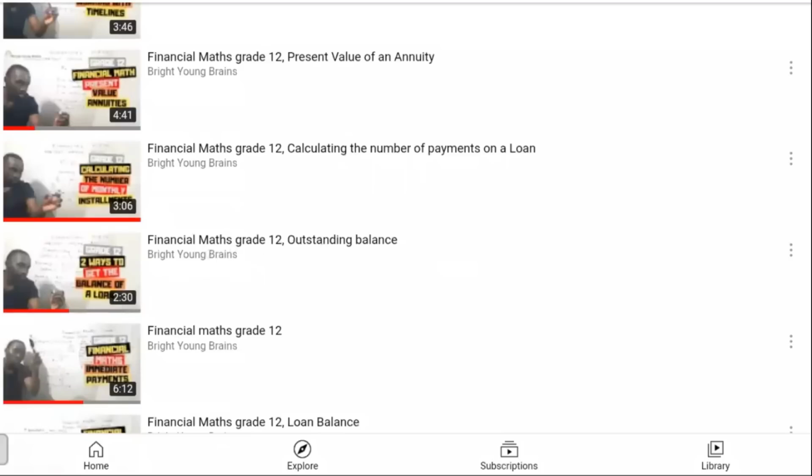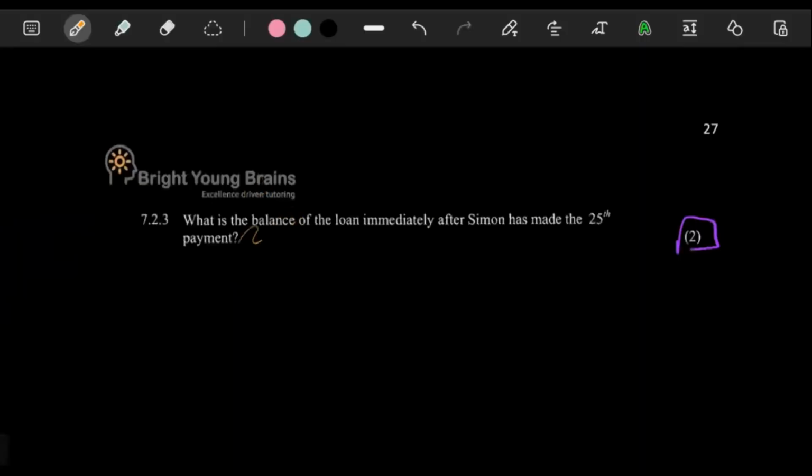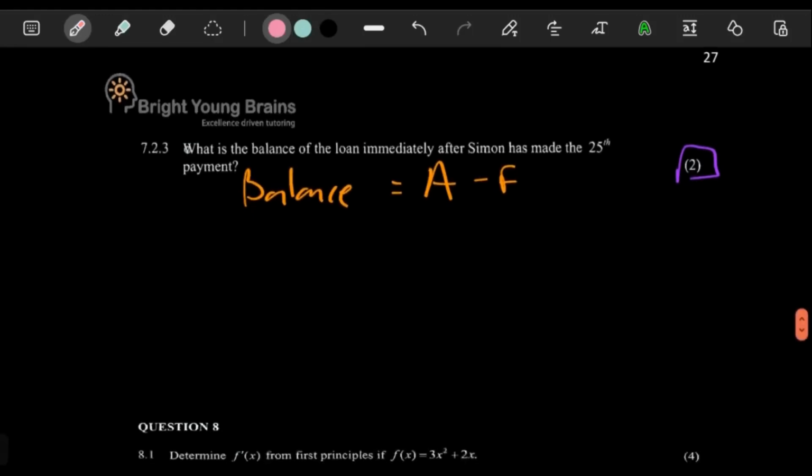Outstanding balance. So getting the outstanding balance, you can just say balance is equal to A minus F. Now I know it's a 2-mark question, but I always just get the balance this way. A refers to the compound interest formula, F refers to the future value annuities formula.